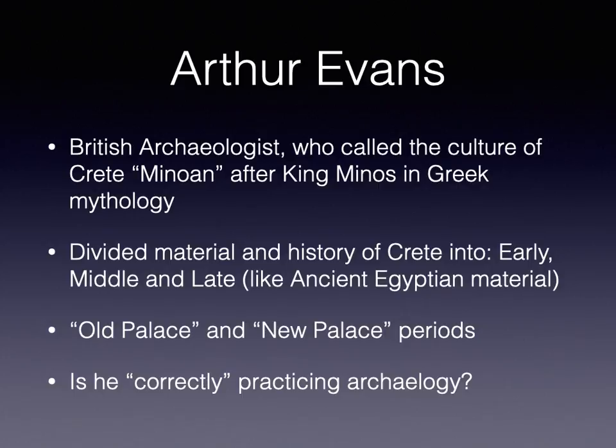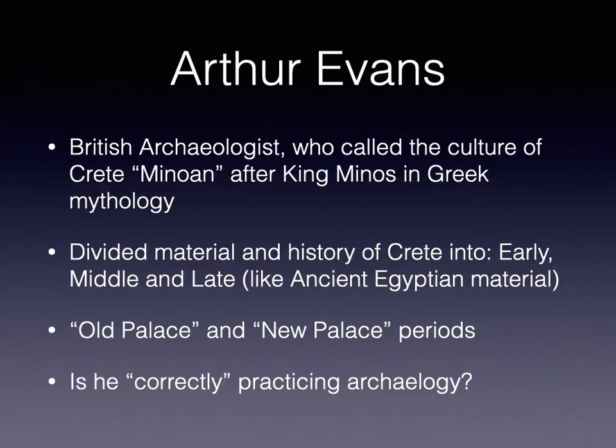Arthur Evans called this culture Minoan after King Minos, of the Minotaur. His division of Old Palace and New Palace periods is fundamental to the way that we were given to understand this period of time.